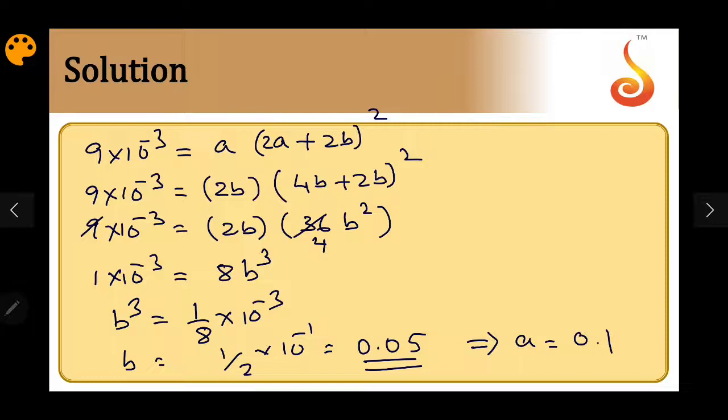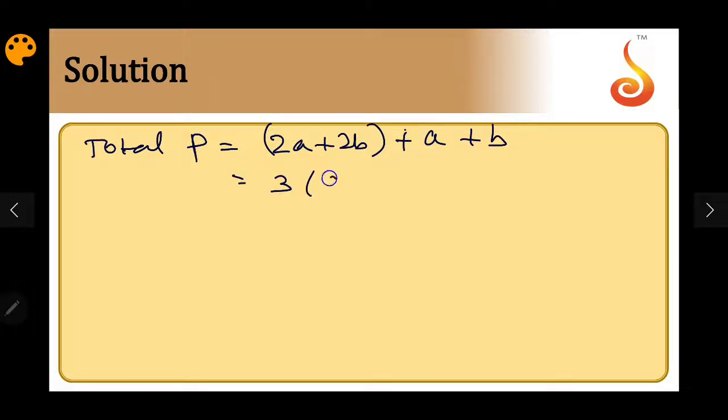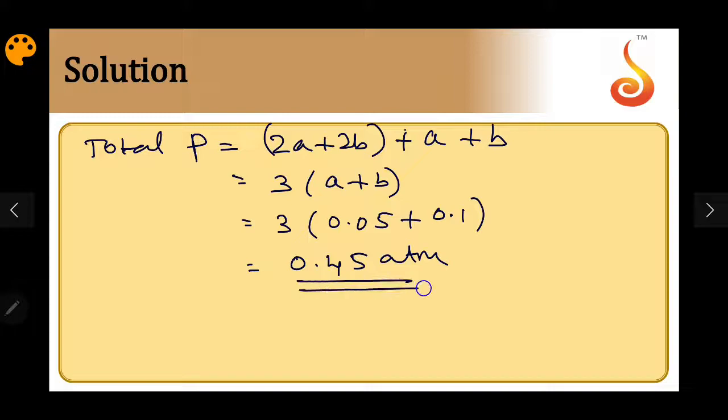So I'll go to the next slide for that. Total pressure is equal to 2A plus 2B for B, plus A plus B. So 3 times A plus B. A is 0.1 and B is 0.05, so 0.15 into 3 becomes 0.45 atmosphere.